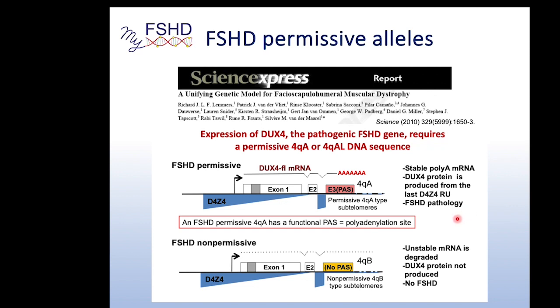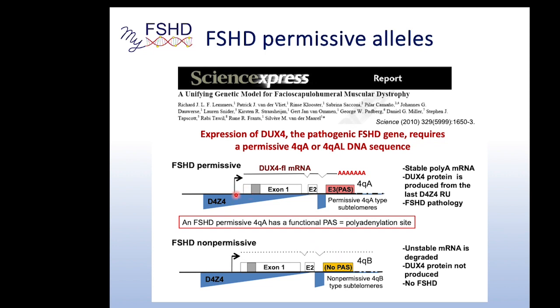But this is key because what this showed is, it had been known for some years from work out of, again, Richard Lemmers and Sylvain Vandermeer, that contractions on 4B never led to FSHD, but only contractions on a 4A. So why is this? Well, it turns out that the sequence that's key in 4A encodes a polyadenylation signal for the DUX4 gene, and this signal is not present on 4B. It's also not present on chromosome 10.